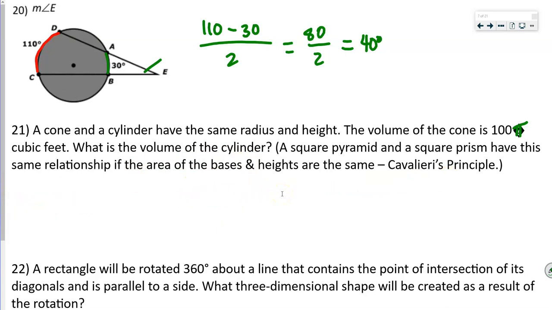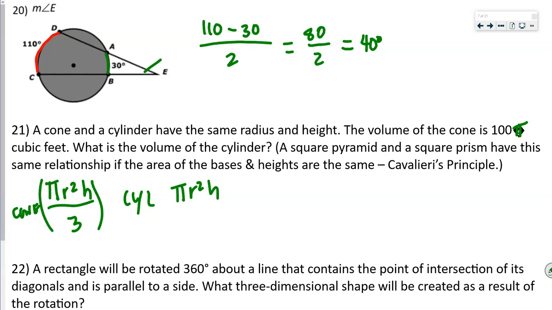Okay, so cylinder and cone, so pi r squared h divided by 3 is the volume of a cone, right? So that's our cone volume. And then a cylinder is what? Pi r squared h. So it's saying the volume of the cone is 100 pi. Okay, so if the volume of the cone was 100 pi, what would we have to do to the cone to get the volume of the cylinder?